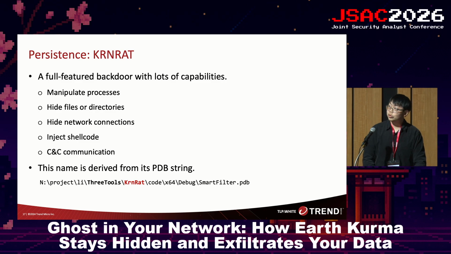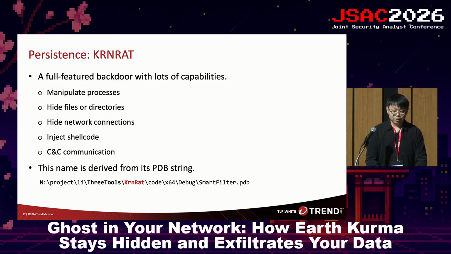So let's first introduce the first rootkit, KRNRat. It's a full-featured backdoor with lots of capabilities, like process manipulation, hiding files or directories, hiding network connections, injecting shellcode, and C&C communication. This name is derived from its PDB string.